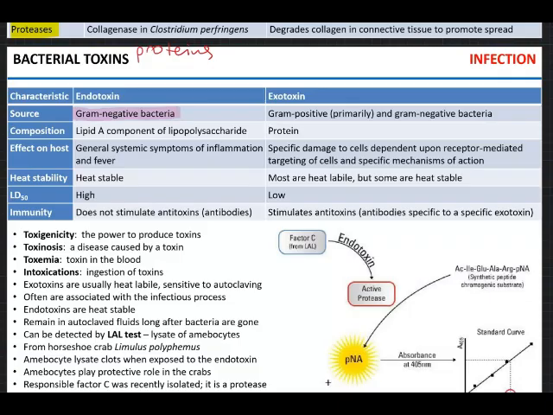So endotoxins, which we encountered before, the term lipopolysaccharide, are found only in the outer membrane of the gram-negative microorganisms.